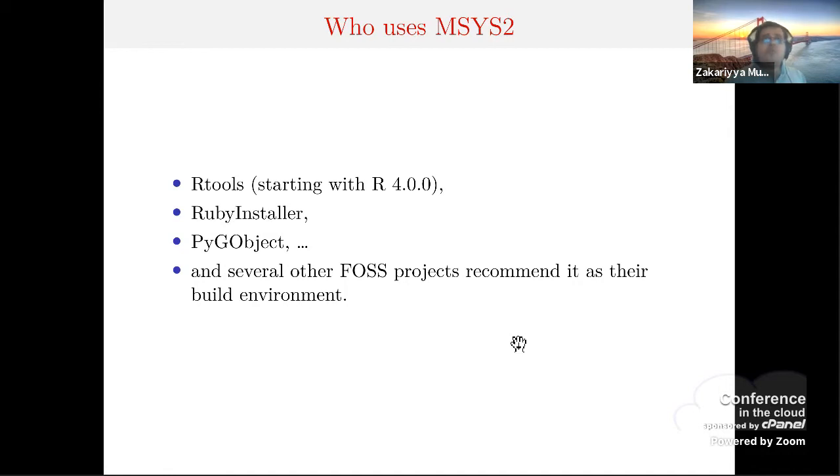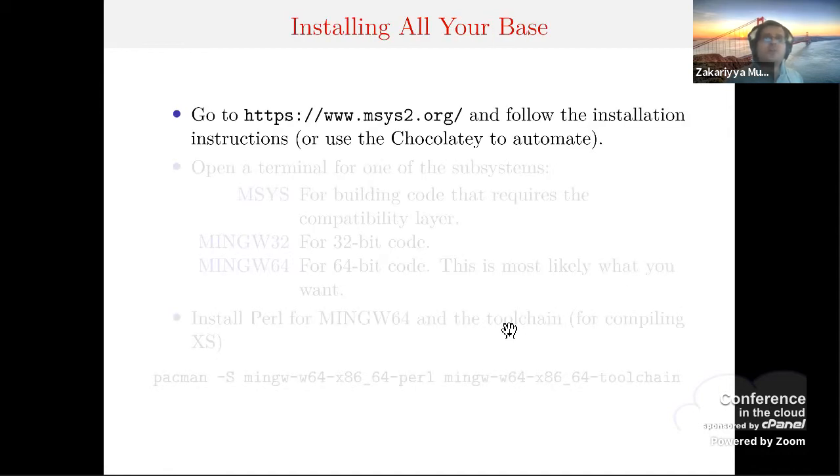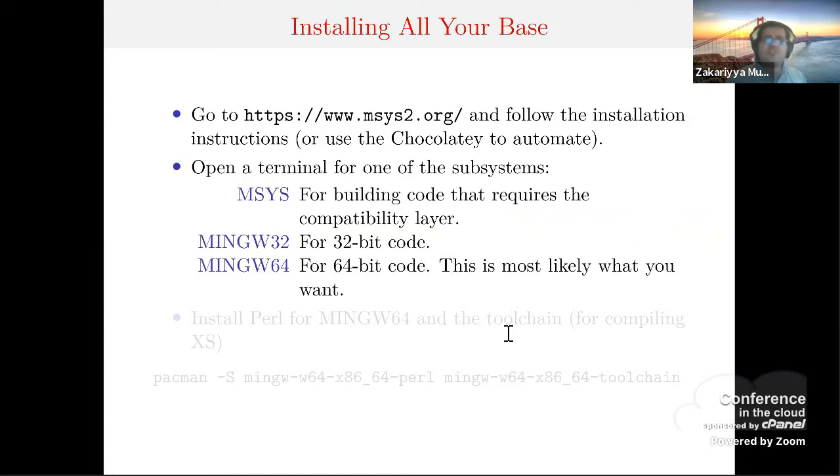So how do we get started? Well, you can go to the website, follow its instructions, or use Chocolatey, which automates a lot of it for you. And then once you've installed it, you want to use one of their subsystems.